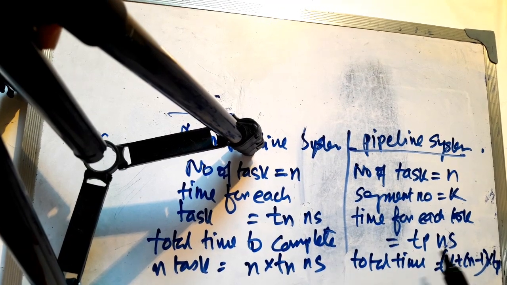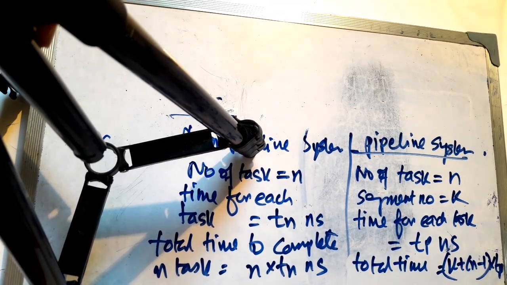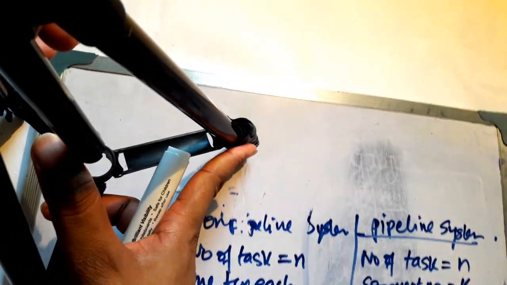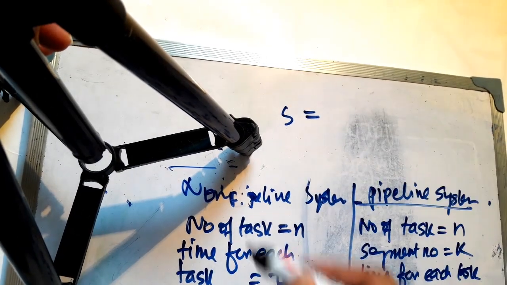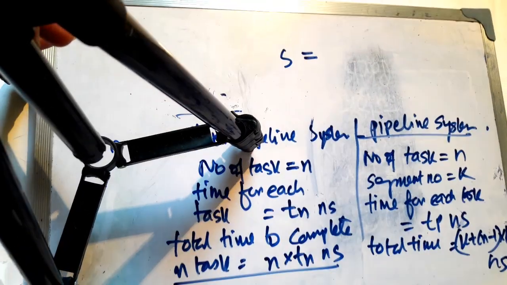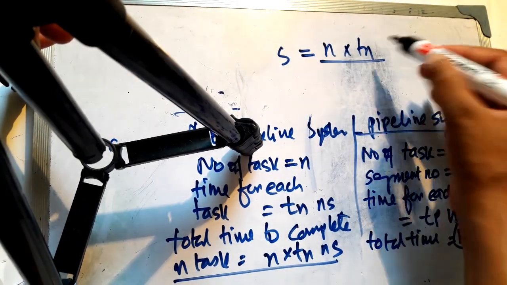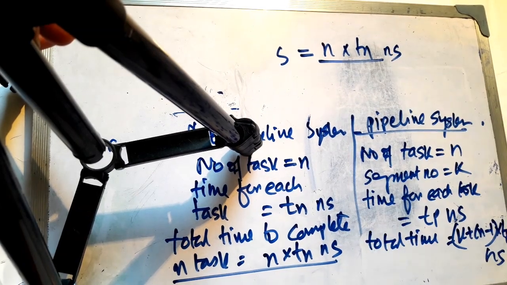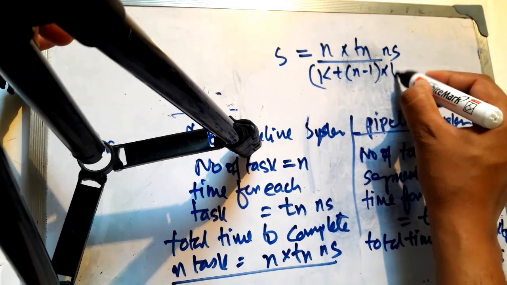We know the number of clock pulses equals k plus n minus 1, so the time is k plus n minus 1 into t of p nanoseconds. So it is the ratio between the non-pipeline system and the pipeline system. Speed up ratio equals the time taken to complete all n tasks in the non-pipeline system, n into tn, divided by the pipeline system, k plus n minus 1 into t of p nanoseconds.